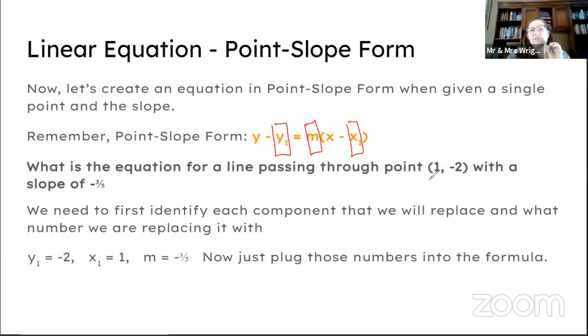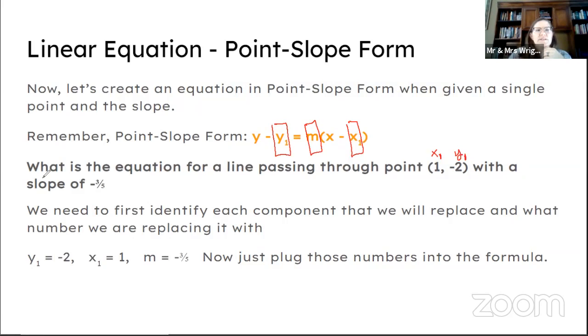Now, we're given a point right here. So you already know two of the numbers that you're going to plug in without doing any work. We see that since this is an ordered pair, this is our x value and this is our y value. So we can just call this x1 and y1, and we're able to just plug those in.